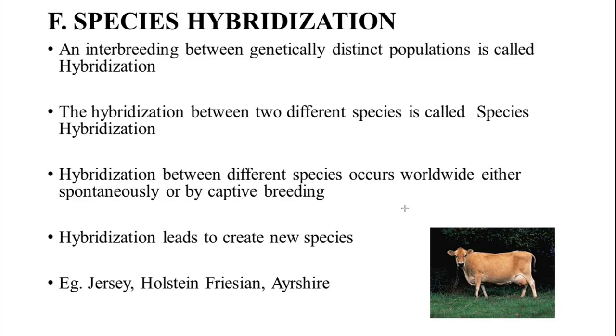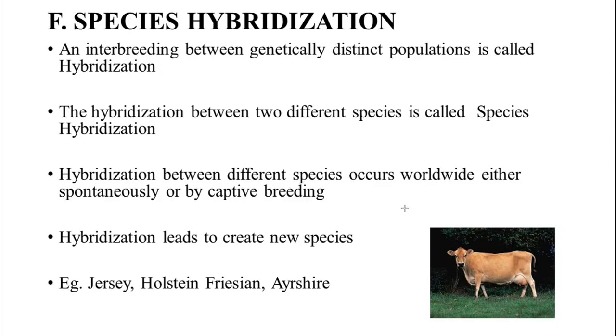Then what is species hybridization? If hybridization takes place between two different species, it is called species hybridization. This can occur either spontaneously or by captive breeding. It is a common practice all over the world.